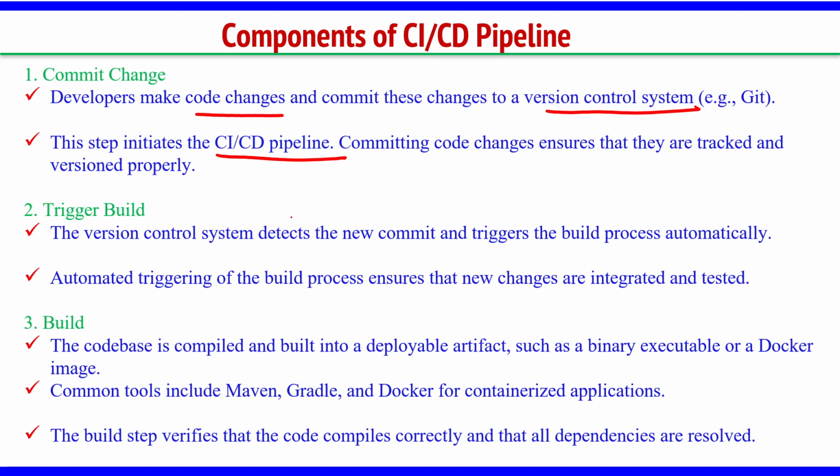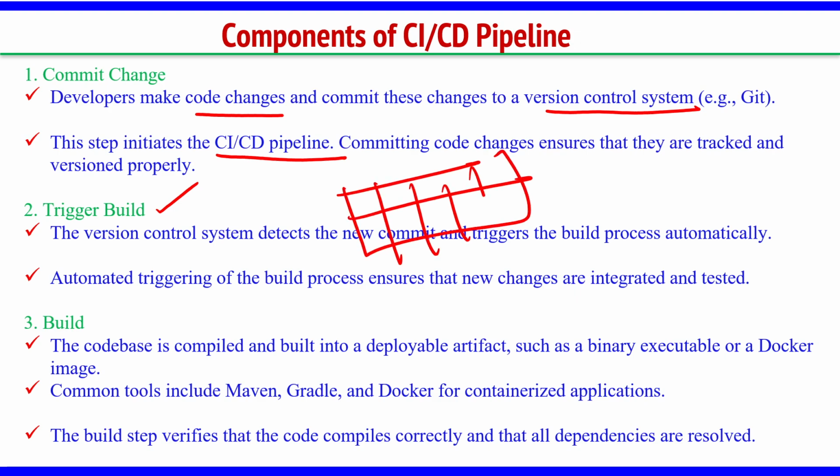Then the trigger build. The second component is the trigger build. It means that automatically, when you push the code to a version control system, there are some triggers running. I think you understand the trigger concept in SQL databases. Once I insert a record in the SQL table with a status of n, whenever n is inserted in the status column, a trigger is executed, right?